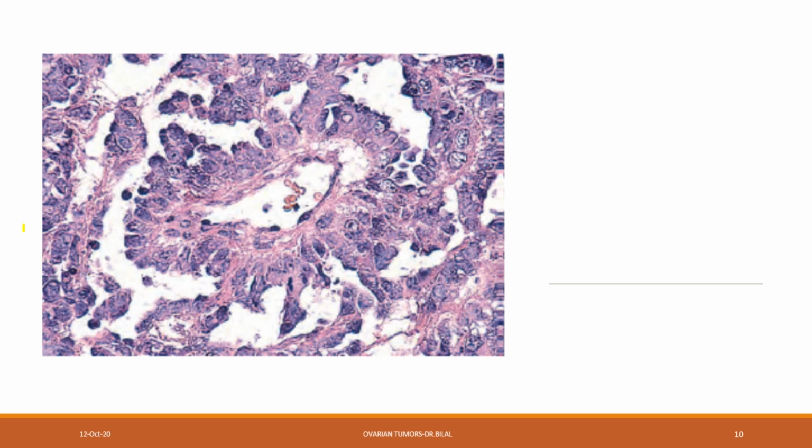Now, this is another tumor. If somebody gives you a scenario somewhat like a mass, and somebody detected raised alpha fetoprotein levels, and then on histology there's a vessel in the center. You can see RBCs in the center, and the tumor cells are arranged around those vessels like a picket fence.